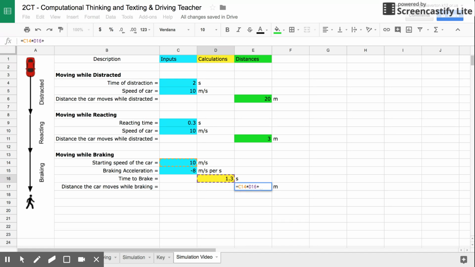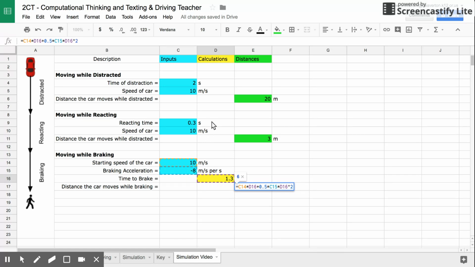plus we have to worry about the acceleration part, which is 0.5, or 1/2, a, which is our acceleration. So I'm going to say times our acceleration, and then times the time again, shift 6 squared.